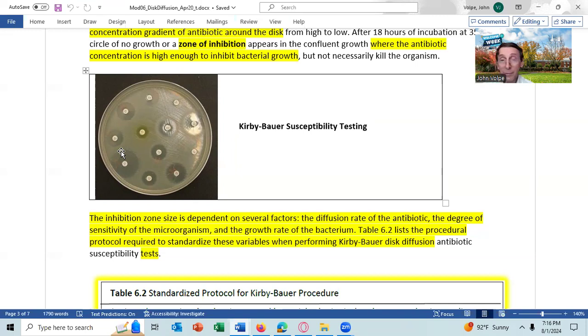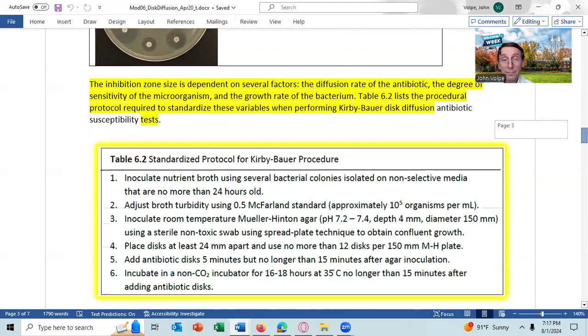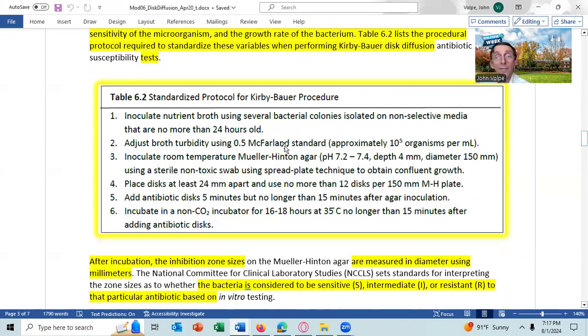Okay, table 6.2 lists the procedure protocols required to standardize the variables that can influence the Kirby-Bauer disc diffusion test. So first, you inoculate a broth using several bacterial colonies isolated on a non-selective media, and they are no more than 24 hours old.